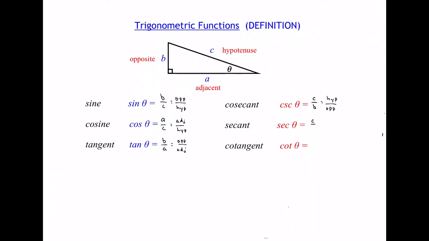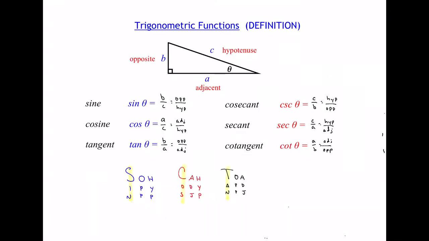So that's C over A, which is equal to the hypotenuse over the adjacent side. And cotangent, abbreviated COT, cotangent of theta, is the reciprocal of tangent, so that's A over B, and that is adjacent over opposite. So those are your 6 ratios of a right triangle.